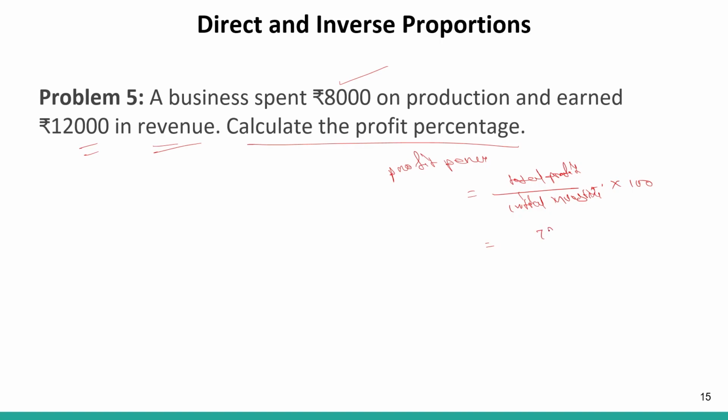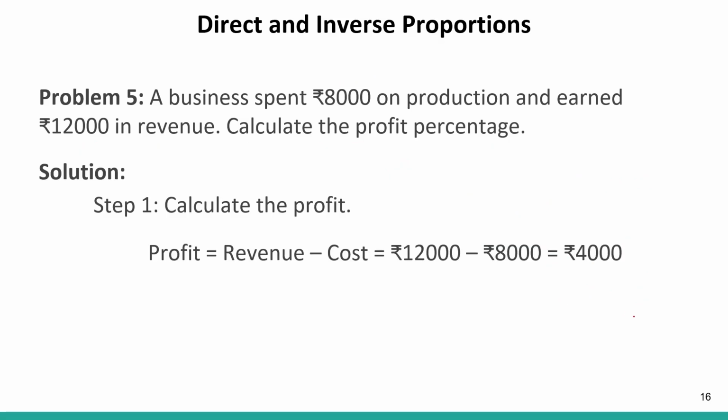So in this case it is 12,000 whole by 8,000 into 100, right? So cancel another 0 from here. So 1200 by 8 is equal to 600 by 4, equal to 150. So 150 is the profit percentage.